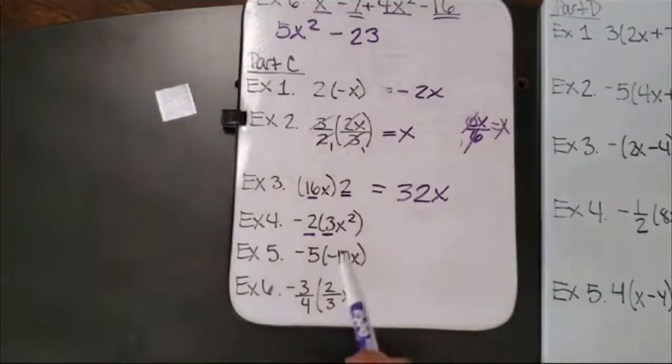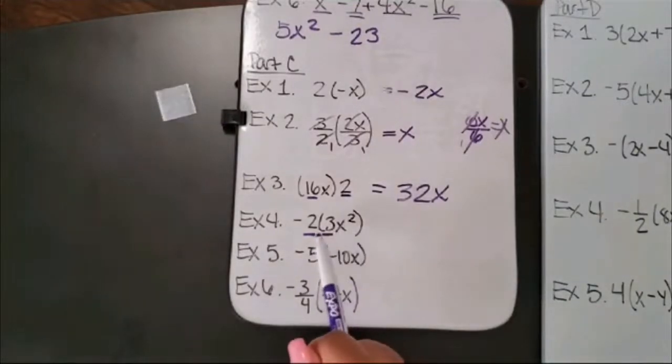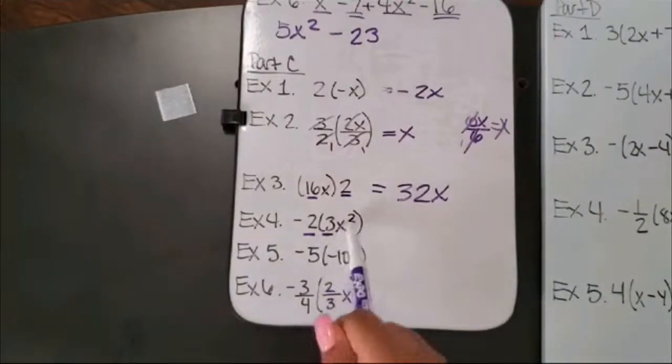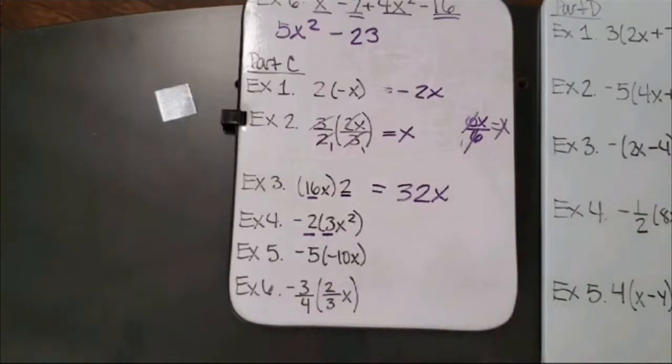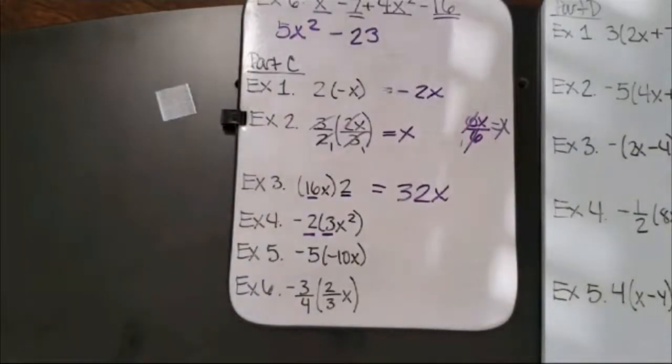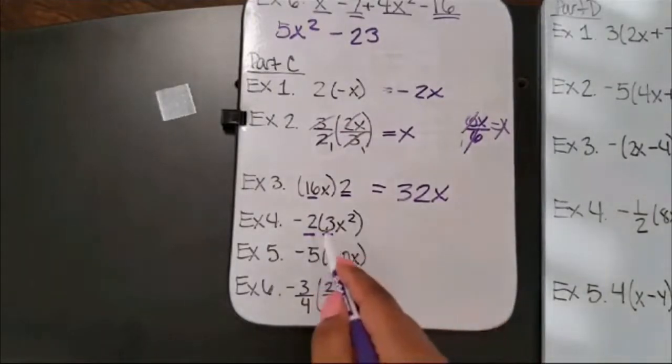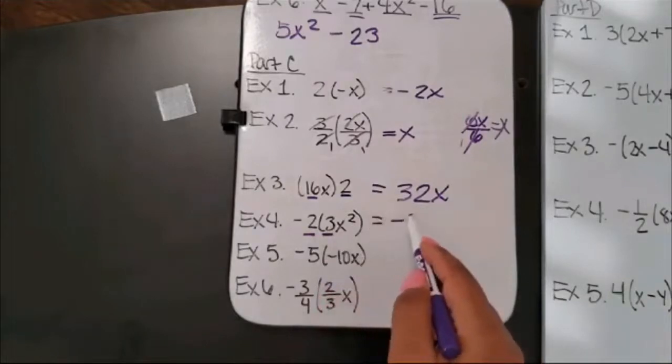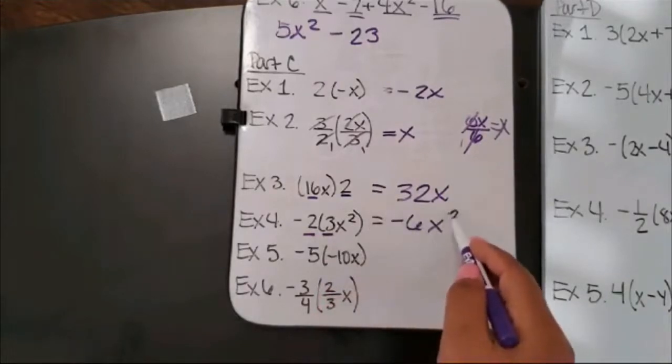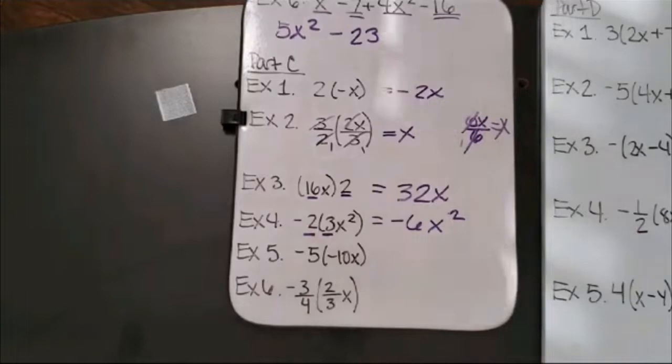We can't multiply anything concerning the x squared because we don't have anything like it to multiply it by, if that makes sense. So we have to multiply the two numbers together. So negative 2 times 3 is negative 6, and we keep our x squared.